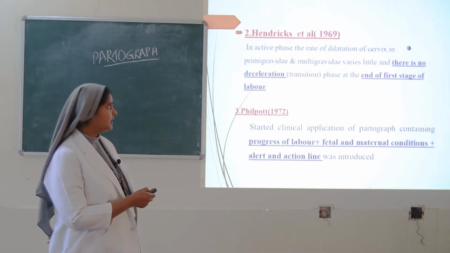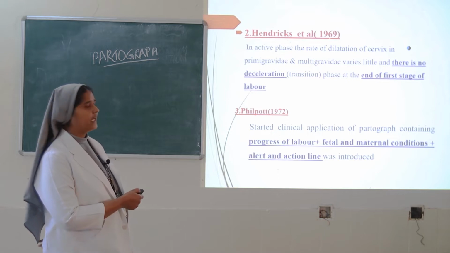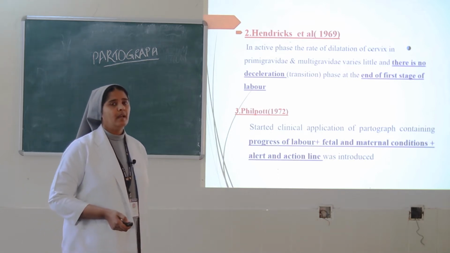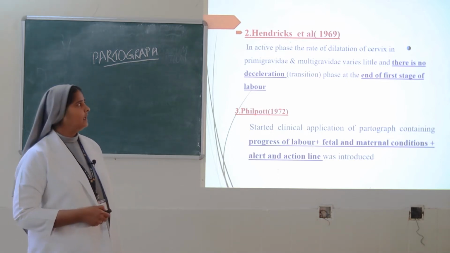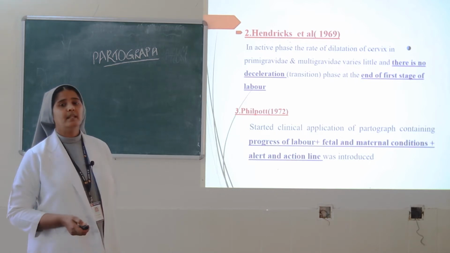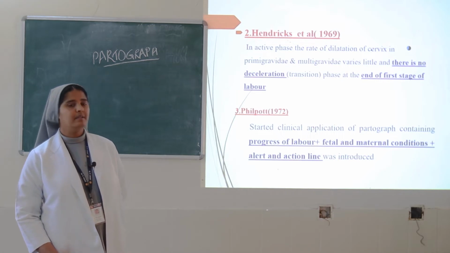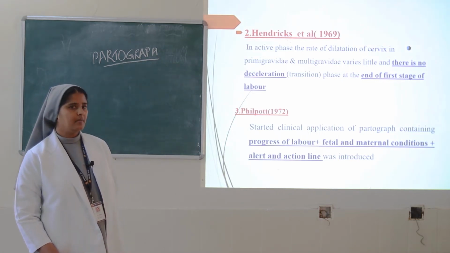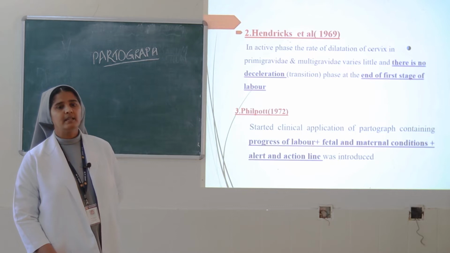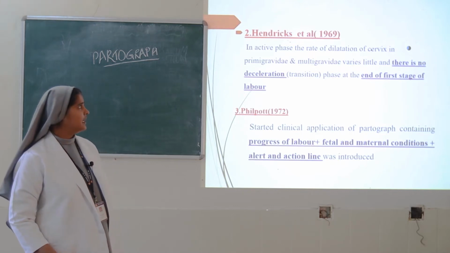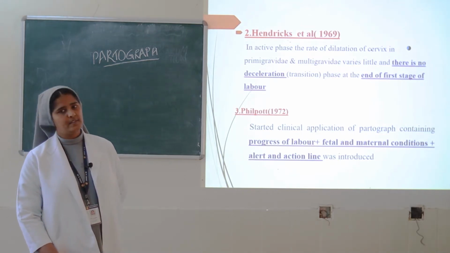And after that, in 1969, Hendricks et al. said there is some difference in the pattern of cervical dilatation in primigravida mothers and in multigravida mothers, and also that there is no deceleration phase at the end of the first stage of labor.